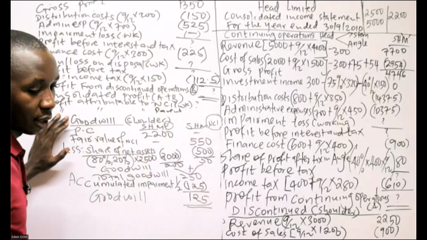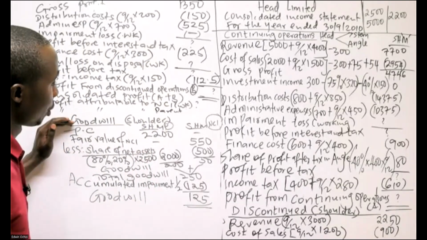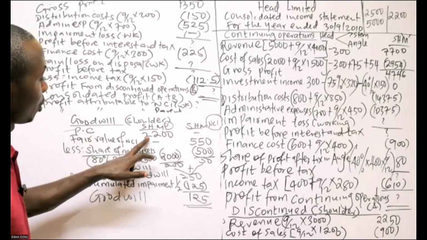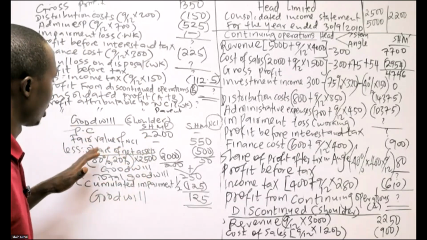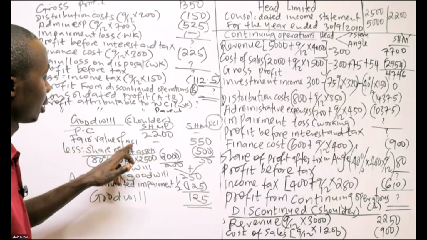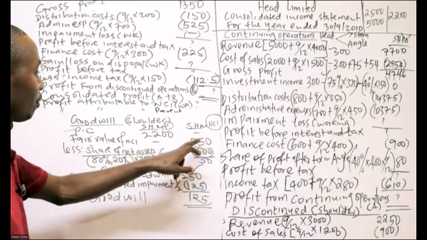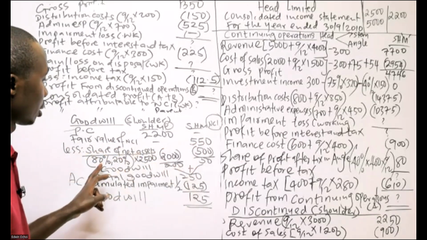So here we were doing the aspect of Goodwill. For Shoulder, we use the full method, where we take the purchase consideration as per note 1, which was 2,200. For it to be the full method, you must be provided with the fair value of NCI, which is again in note 1. We put it in the other column for NCI. Then we raise the share of net assets.